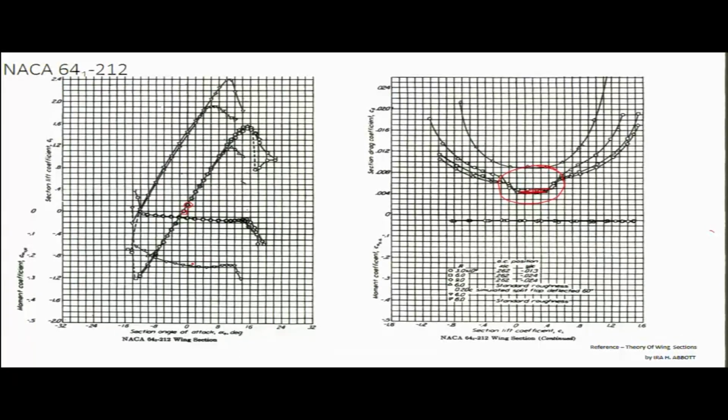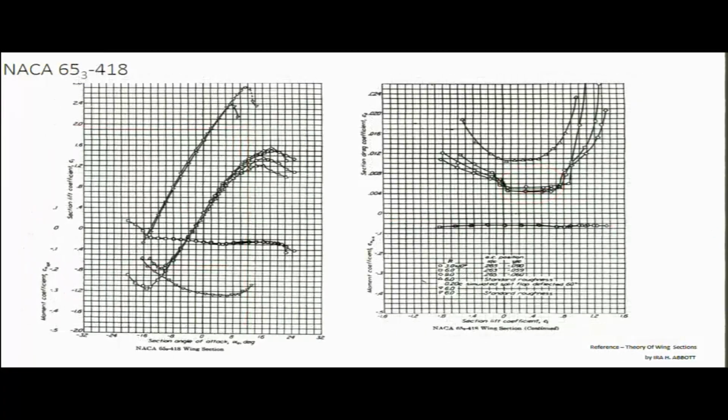CL max is approximately 1.5 and the alpha stall is approximately 15 degrees, and Cm about AC is minus 0.025. This is Cm at alpha 0, this is Cm at CL 0. Now, a similar drag bucket we can also observe with the 653-418 aerofoil.